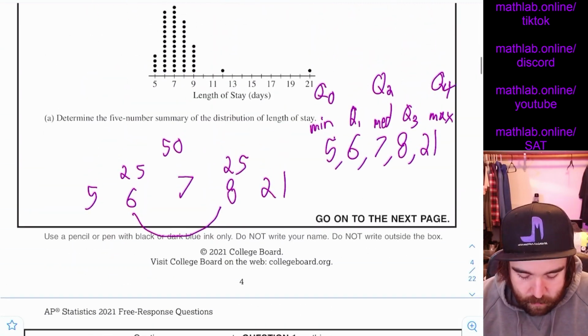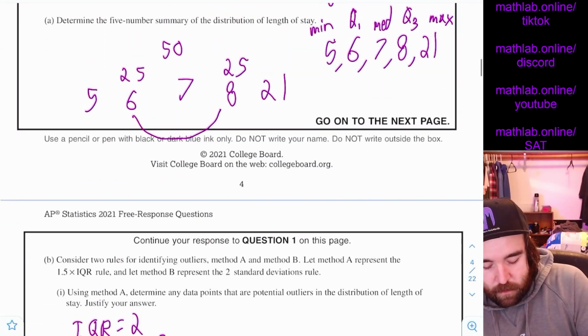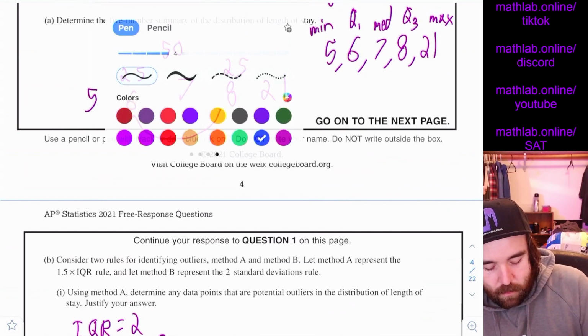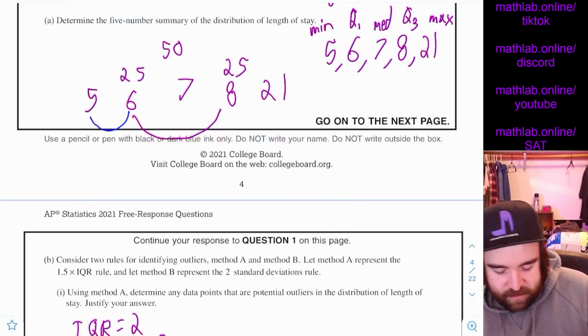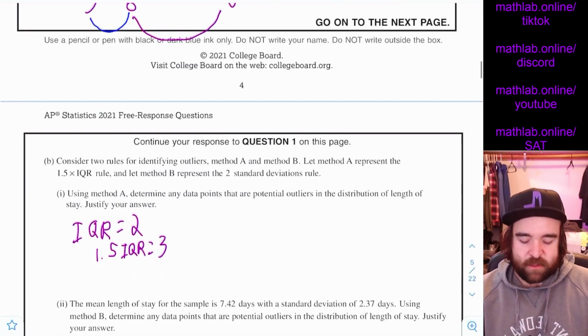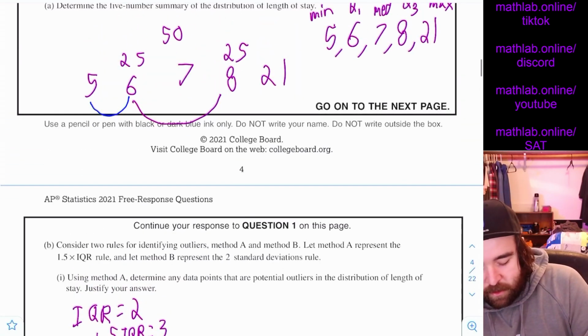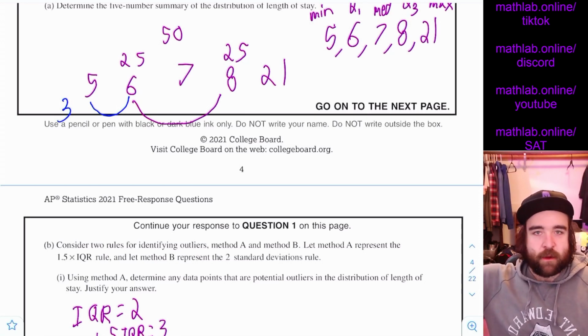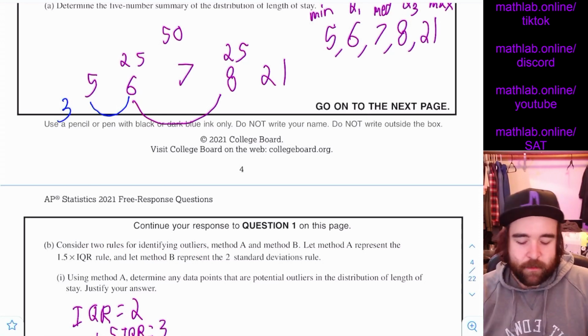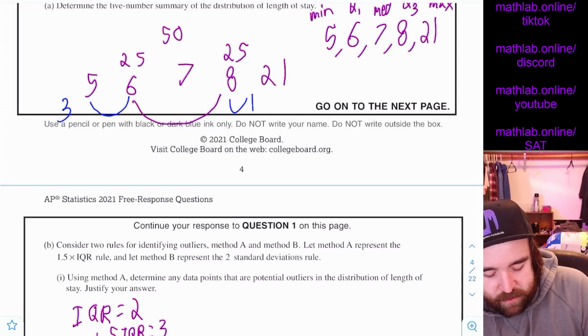So then we have to go to each Q1 and Q3 and say, 6 minus 1.5 times IQR, which is 3. So anything less than 3 would be an outlier. So there's no lower outliers. But then the same thing over here, plus 3 is 11.